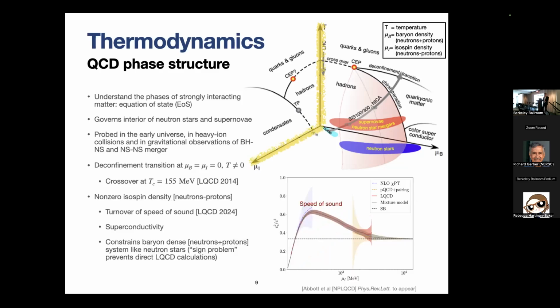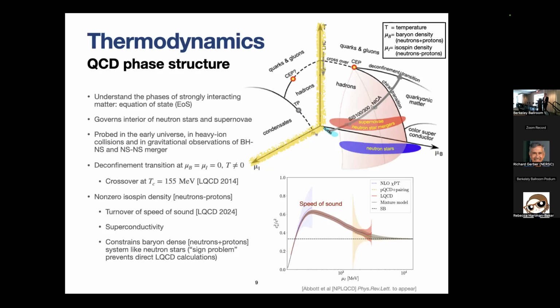More recently, we've also explored this other axis, so the isospin chemical potential axis, isospin density axis. And this is something where the plot at the bottom shows one of the thermodynamic quantities, which is the speed of sound in this medium. And these recent calculations have shown that the speed of sound turns over and approaches the asymptotic value of a third, which is what a free gas must do, from above.